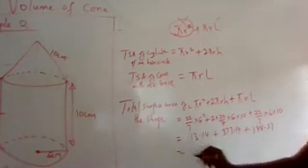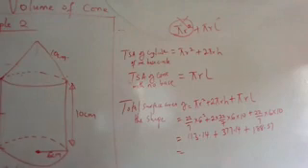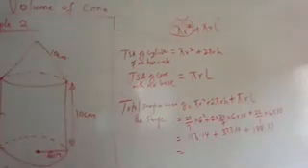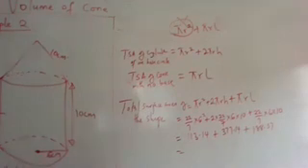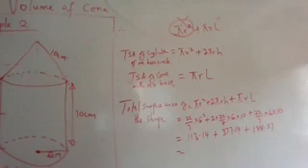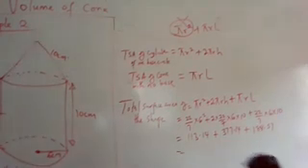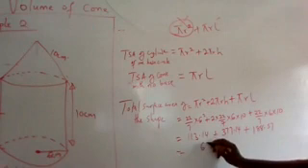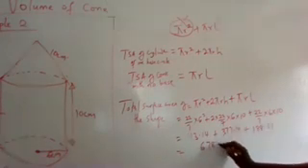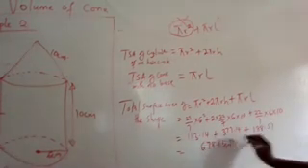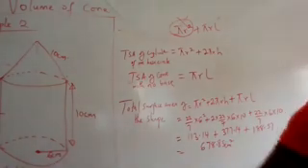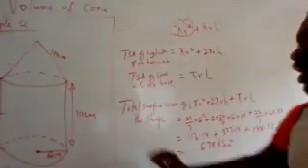So if we add everything up, this is going to be 113.14 plus 377.14 plus 188.57. That'll be 678.85 centimeters squared.